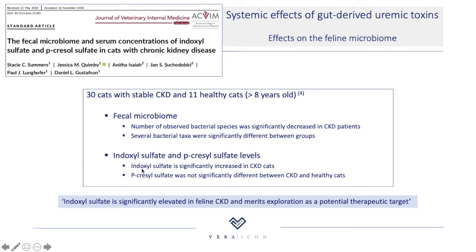And they showed that indoxyl sulfate is related to CKD. So the more severe the CKD, the higher the concentration of indoxyl sulfate in the bloodstream will be. And they showed in this study, and we will come back to that a little bit later, that cats in stage 2 CKD have higher levels of indoxyl sulfate compared to healthy cats.